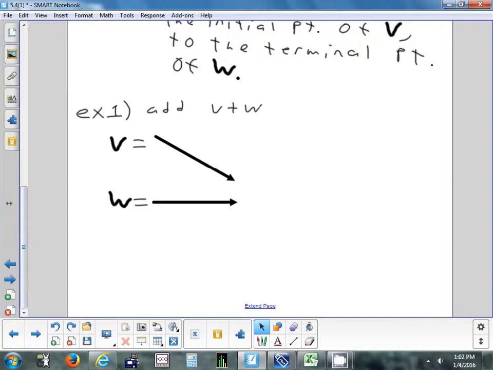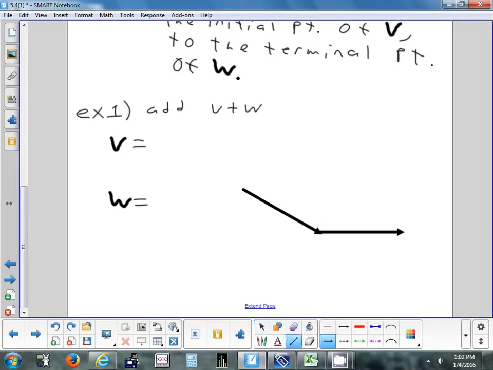All right, so I'm going to take V, and it says to take W and add it on the end. So that's the first part. Line them up. And now how do I get the actual answer? What's my last step? Kobe? Yeah, connect them, which way?